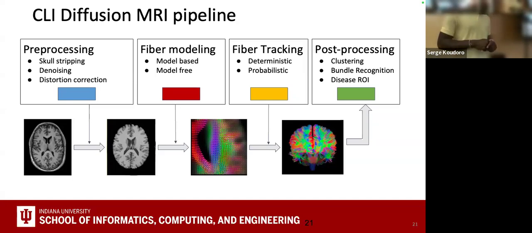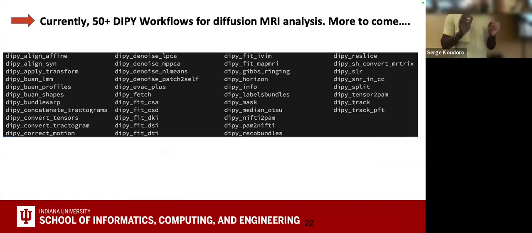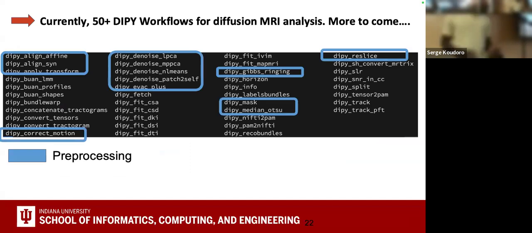But now that we know what everybody does, let's go deeper into each step and try to understand how you can adjust each step following your data. I forgot to say that I put some boxes in color to show you what we have in DiPy. Currently in DiPy, we have more than 50 command lines, which split into these different steps. In blue, the preprocessing ones that we will talk about later.